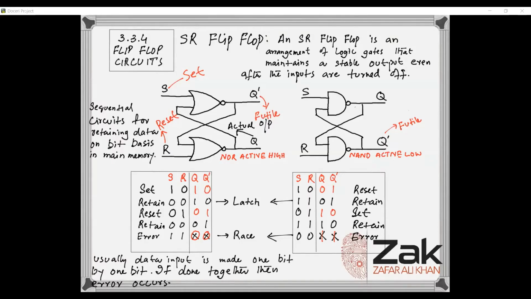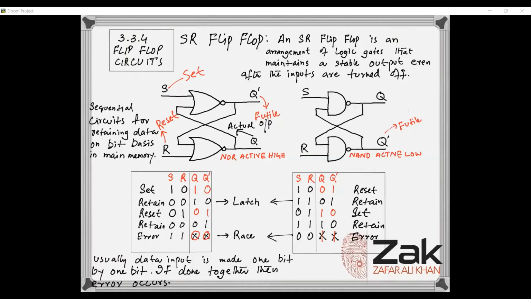But this truth table is not like the truth table that we make in combinational circuits. If you pay attention to the inputs S and R, they are not like the inputs of combinational circuits. These are different. So these circuits will not be treated like the previous circuits that we have studied. These are different circuits. I hope that you are understanding.